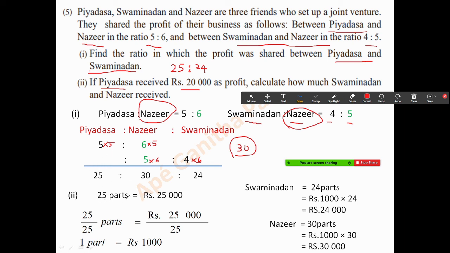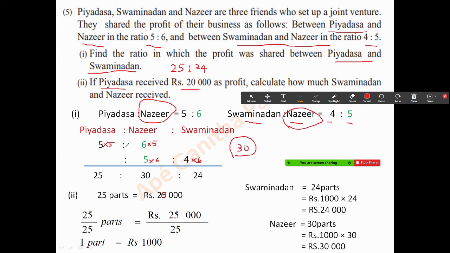That 25 parts equal to 20,000. Okay, correct that as 20,000.